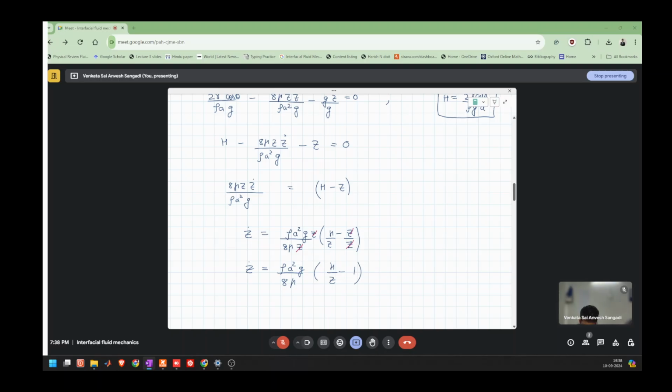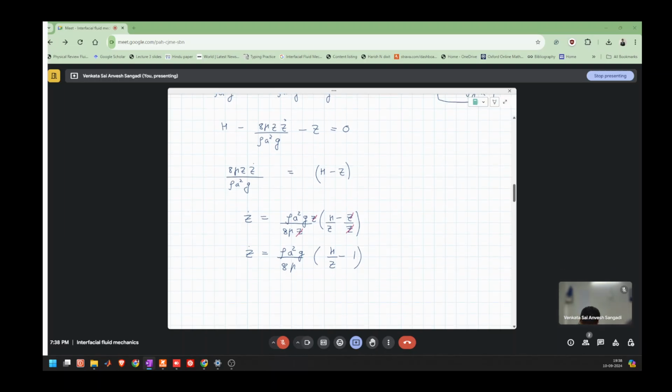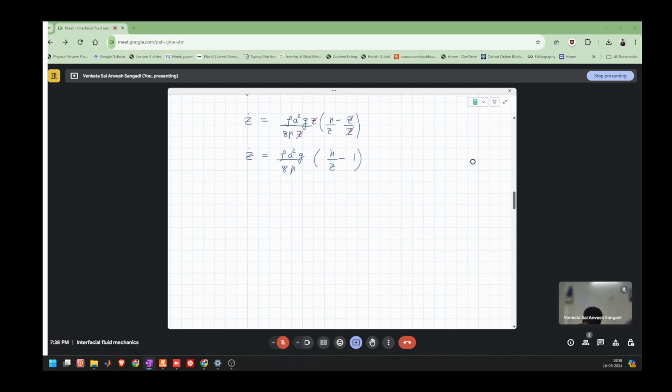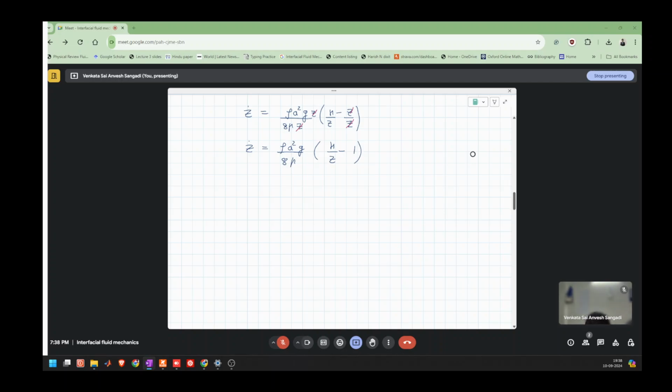Okay, now we need to non-dimensionalize the quantities. So how do we proceed? Let's say that the star be the non-dimensional quantity.